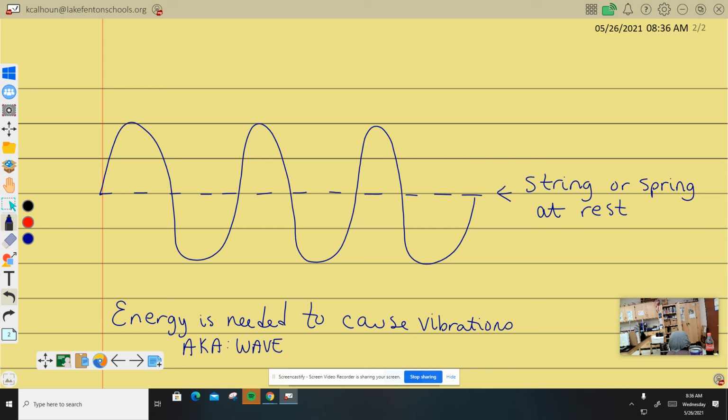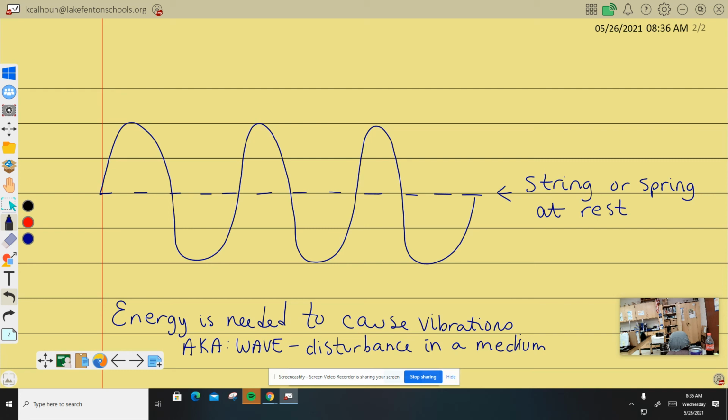Okay, so a wave is more sciencely noted as a disturbance in a medium, for the most part. And a medium is just what it is traveling through.